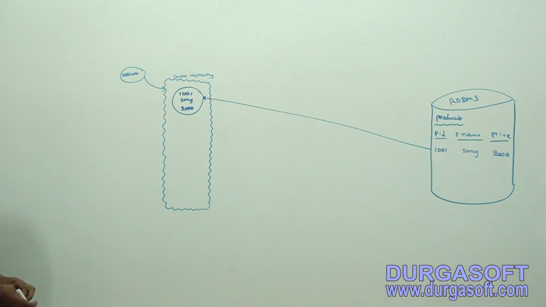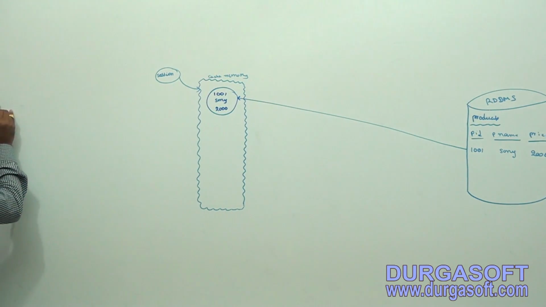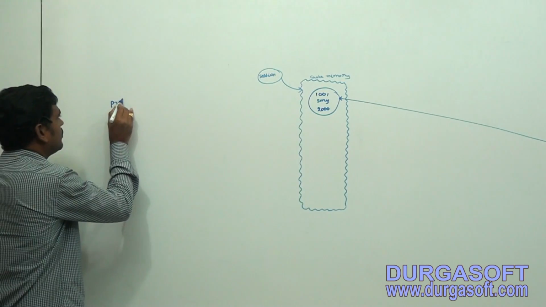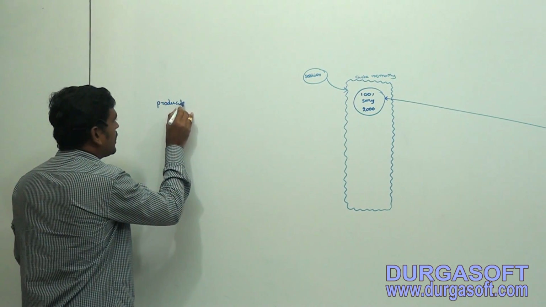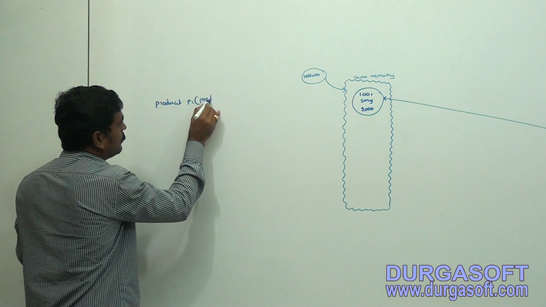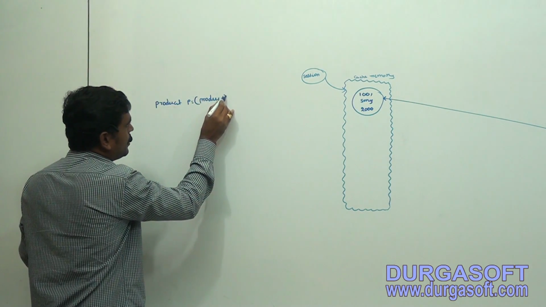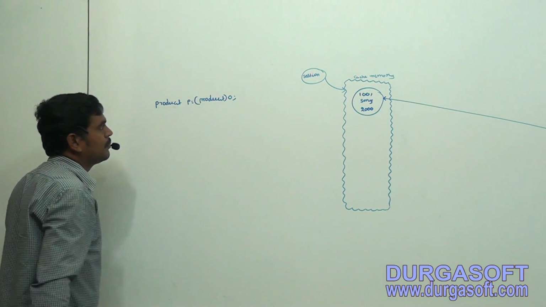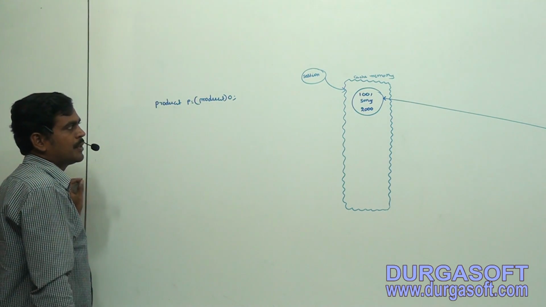After that, we can modify that object any number of times. See now here, Product p equal to (Product) o.